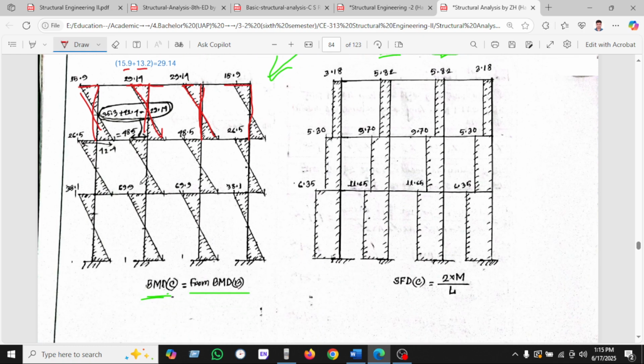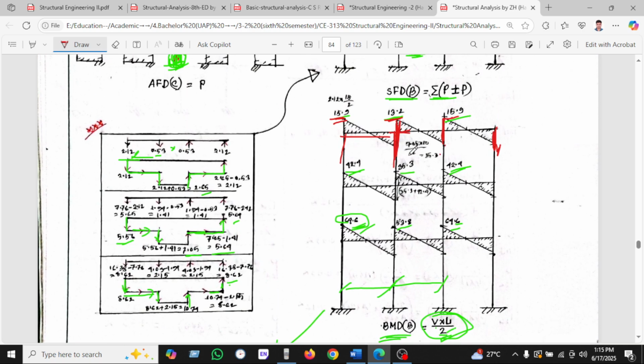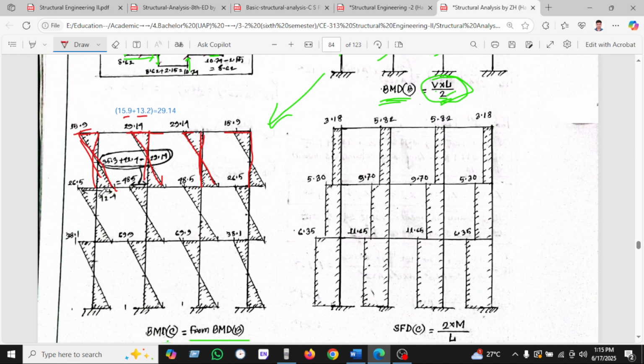So the next one is very important. You have to pay attention that we have found 15.9 here. So it will also be 15.9 here. So we have found here 42.4 is imposed on this column. So we have this column also.